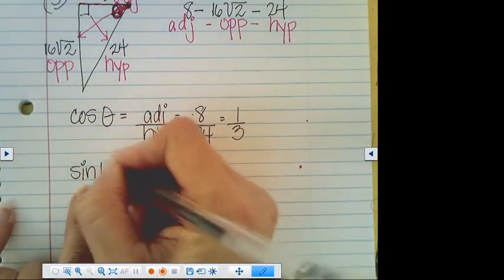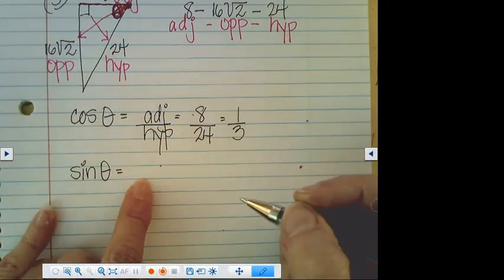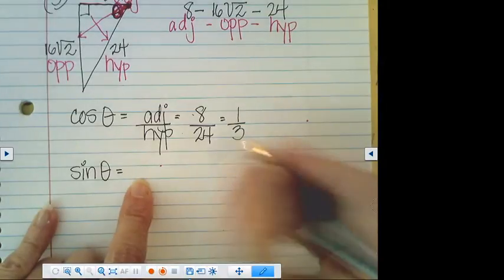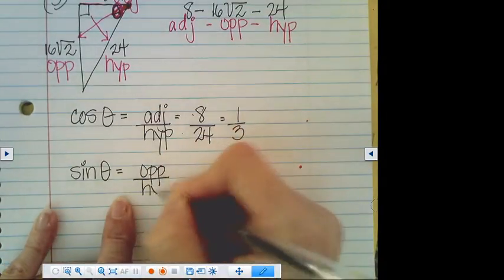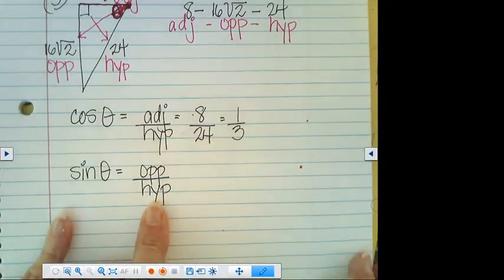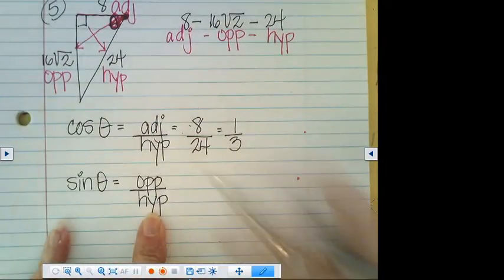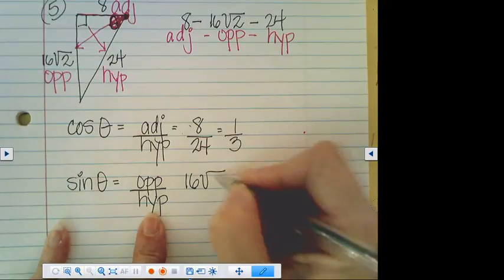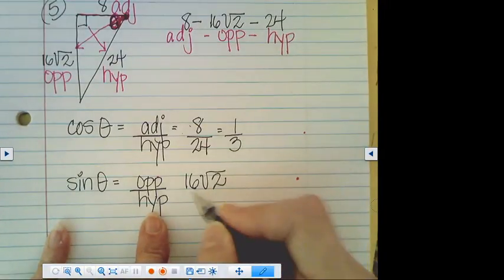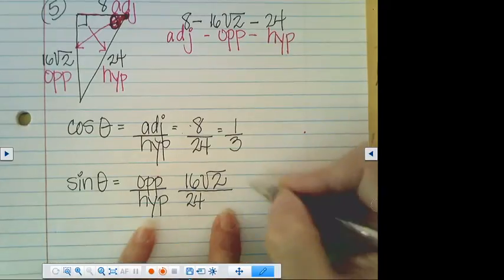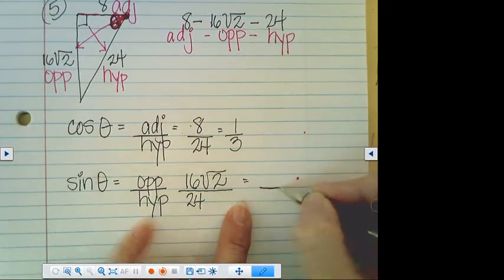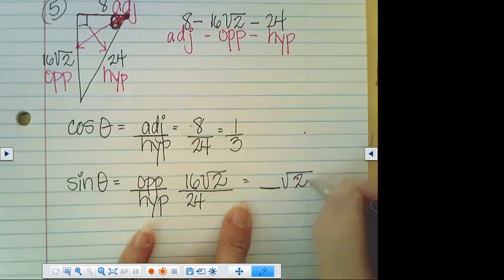All right, here we go. The sine of theta. Let's write out what it is. What is it? Opposite over hypotenuse. The opposite side is the 16 square roots of 2. The hypotenuse is 24. Now, the square root of 2, you cannot do anything else with. You can't simplify it.